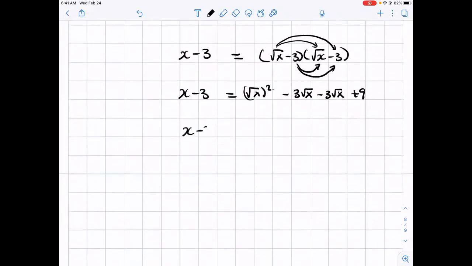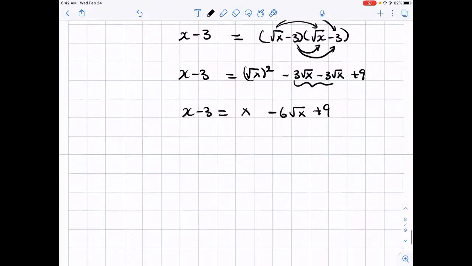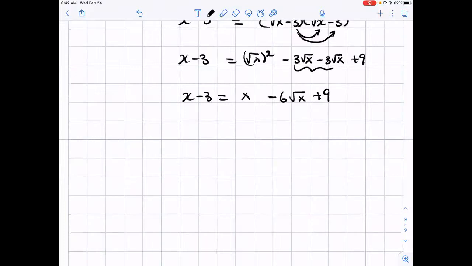So we have x minus 3, and the square root of x squared is just x. These are like terms, so you end up with minus 6 square root of x plus 9. So notice when we square, we tend to introduce another radical here, and that's okay. Now what we have to do is get that radical by itself and square again.